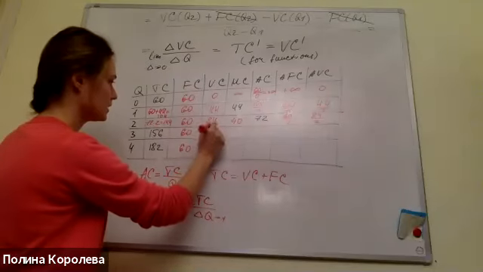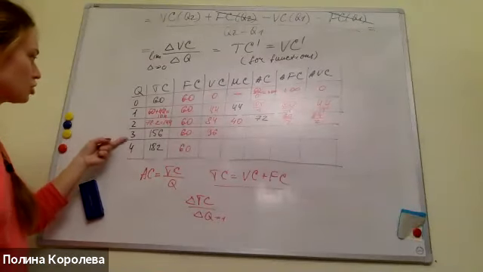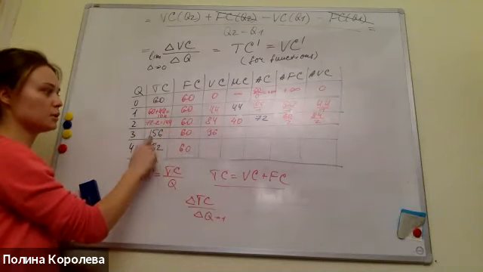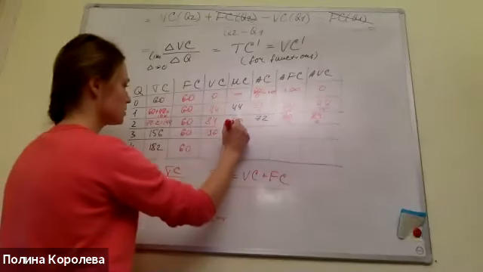Then marginal cost: how do we count it? Is it total cost in 3 minus total cost in 2? It's the change in costs when we change quantity. We change quantity by 1, so it is the difference between 156 and 144. Then it is 12.